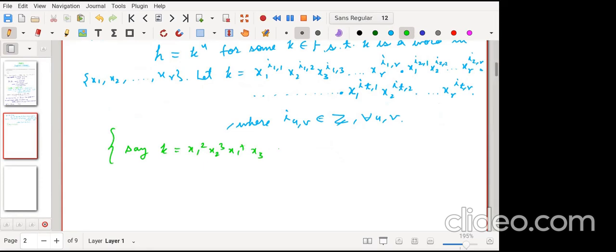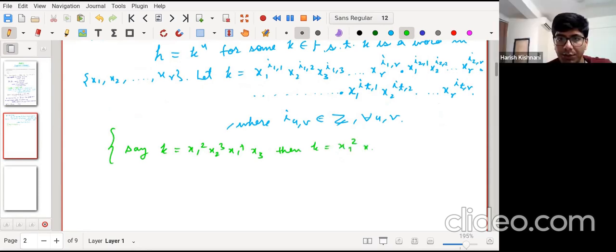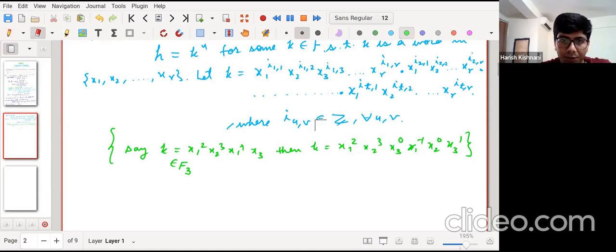Then in F3 it is x1 squared, x2 cubed, x3 to the 0, and you can again start with x1 inverse, x2 to the 0, and x3 raised to minus 1. So any element is of this form. Wherever some generator is missing, you can put the power to be 0.